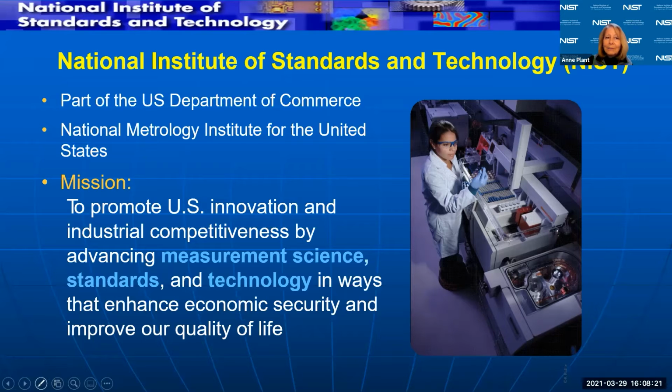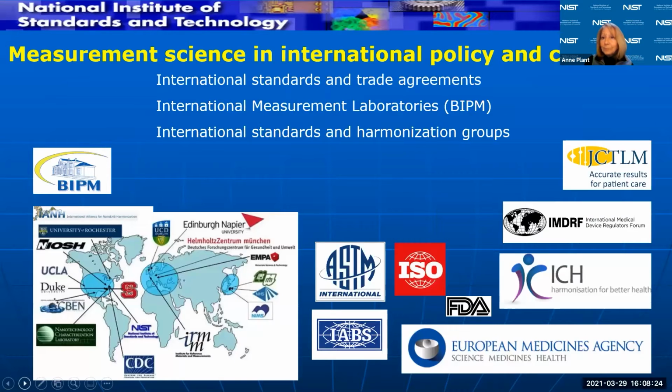And so a lot of our mission is quite international in nature. So we represent the US as one of the international measurement laboratories, but we also represent the United States in standards committees and various other kinds of organizations that are critical for defining measurements and defining concordance and harmonization that impacts trade and it impacts, for example, regulated products and markets.